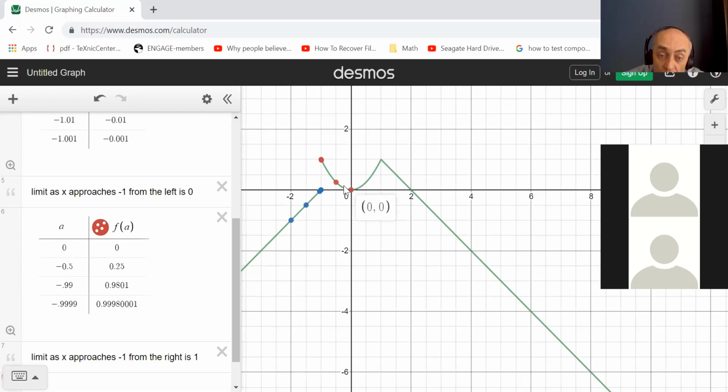The corresponding points on the graph congregate towards this one at the top of a green branch coming from the right, and that point has a y coordinate of 1. That's why the limit from the right is equal to 1.